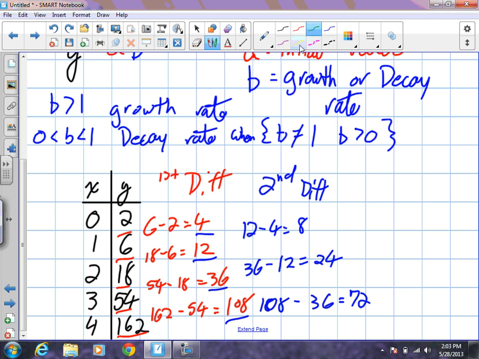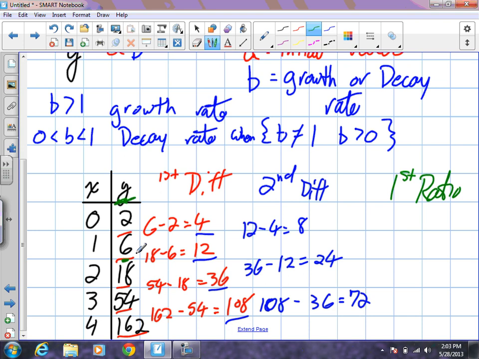Neither. Okay. But what we're going to do is, I'll call it first ratio, but really it's just taking the ratio of the y values. And what I mean by that is we take the first number, and a ratio uses what operation? It's usually written like a fraction, which is what? Division.